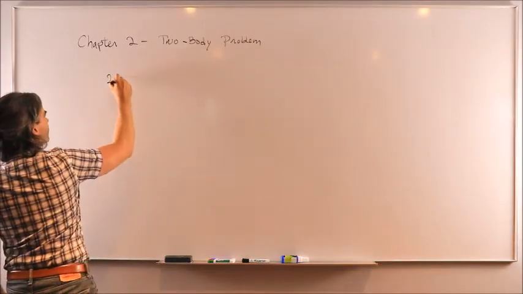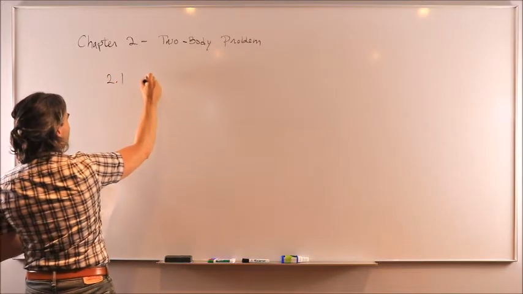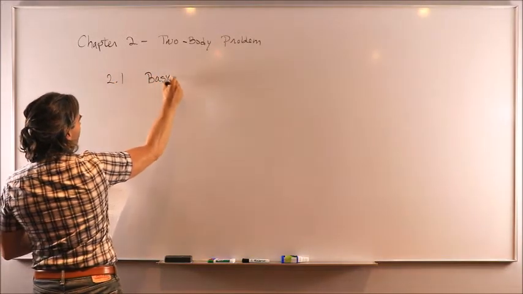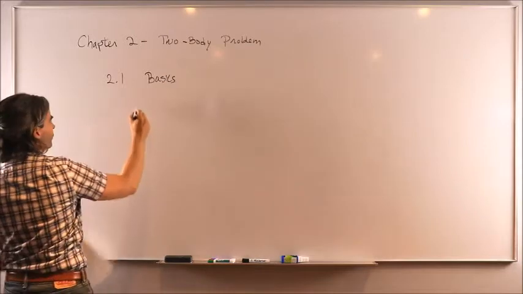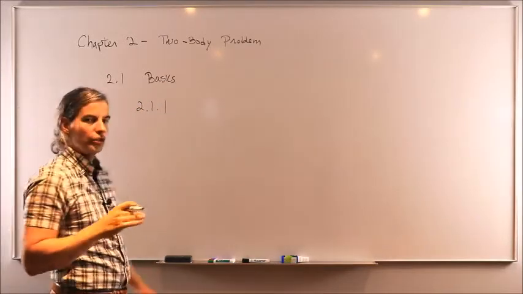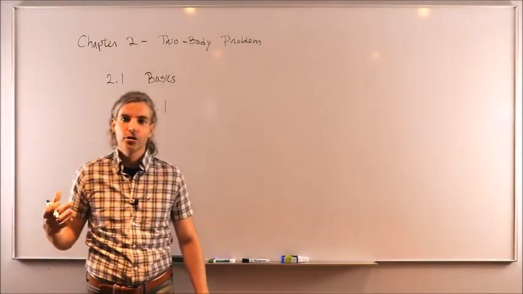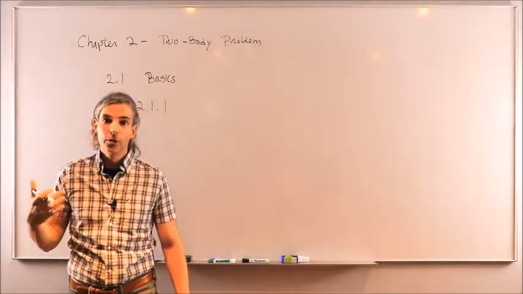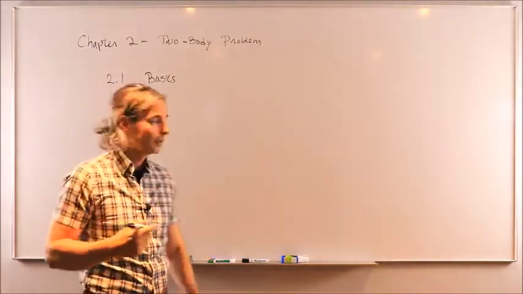So first things first, we're going to have a look at the basics. Okay? And within the basics, the first thing we want to do is to derive the two-body equation of motion that will allow us to predict or to solve the motion of a spacecraft on orbit.